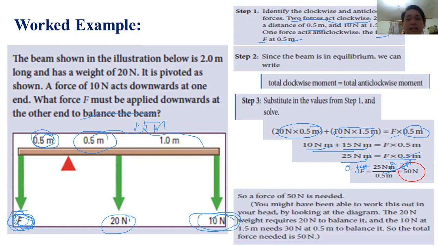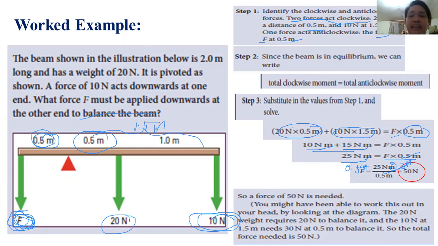So a force of 50 newton is needed to balance the beam. Again, that means 50 newton is needed in order to balance the beam. And you know what, class? You can also work this out in your head by looking at the diagram.